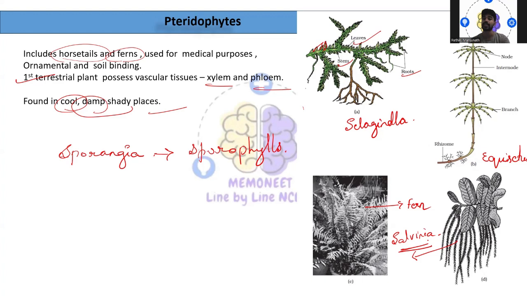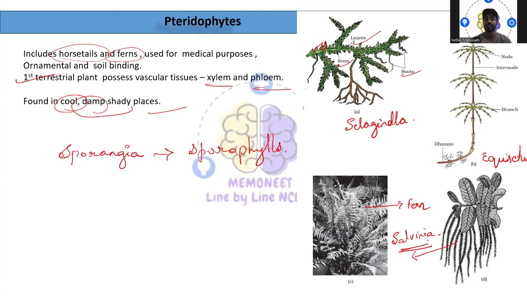Another speciality of bryophytes was that they don't have a proper root, leaf, stem structure. Instead we say they have root-like, leaf-like, and stem-like structures. Whereas in pteridophytes you will now see proper development, where they are said to be the best terrestrial plants possessing vascular tissues, that is xylem and phloem, so that you can easily see true roots, stem and leaves.